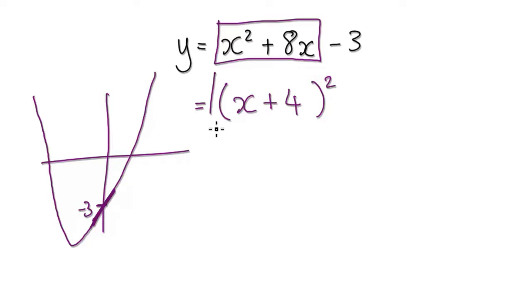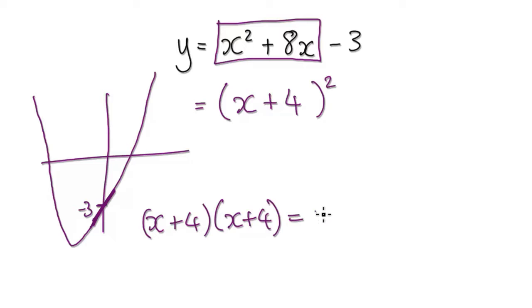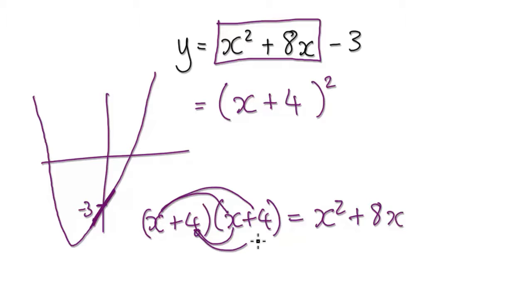Now if you multiply this thing out, remember, you've got to be able to do this in your mind, it will give you x squared, and then 4x and another 4x. That would be 8x, and then this thing here would be plus 16.